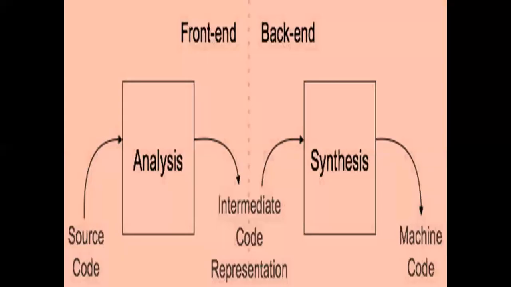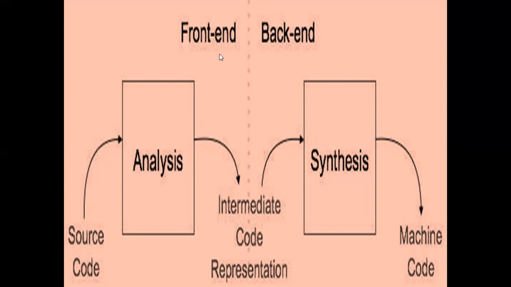So see here, the first three phases, up to intermediate code, are called the front end. It is also called the analysis phase. The source code will be analyzed and then it will produce the intermediate code, and this intermediate code will be the input of the synthesis phase, that is also called the backend. So the last two phases are called the backend, and it will produce the machine code, that is assembly language code.